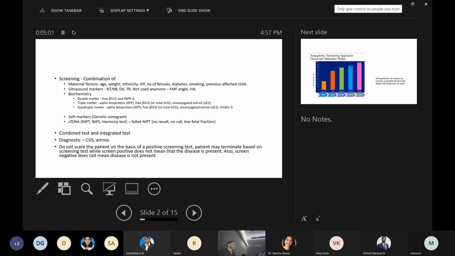The diagnostic test is the CVS or the amniocentesis. So to understand what we are actually doing, you can think of these as symptoms of a disease. For example, if I have headache, does it mean that I have brain tumor? Very less chance, but there is still a risk.